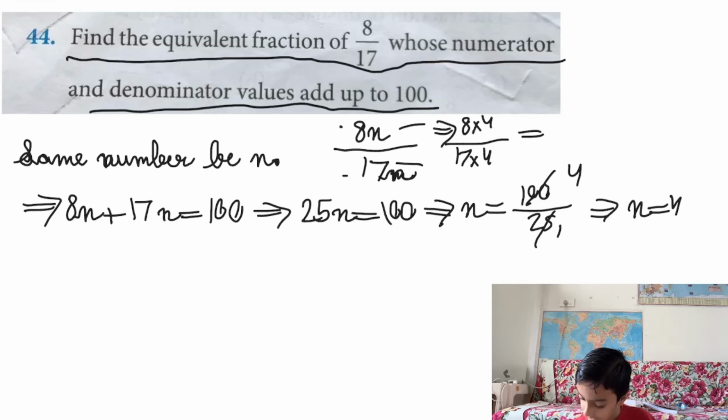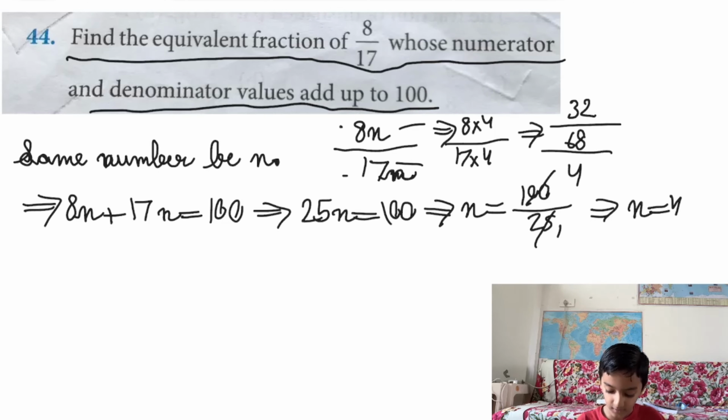So it will be 8 4s are 32 by 17 4s are 68. So an equivalent fraction of 8 by 17 whose numerator and denominator values add up to 100 is 32 by 68. So the answer of the homework question, 44th question, is 32 by 68.